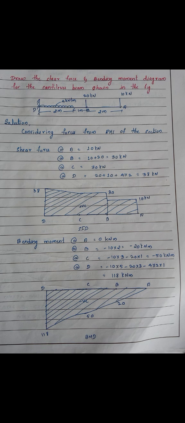Here I have taken shear force at A where only one load is acting, that is 10 kilonewton, and I am not calculating from the left hand side, I am calculating from the right hand side.